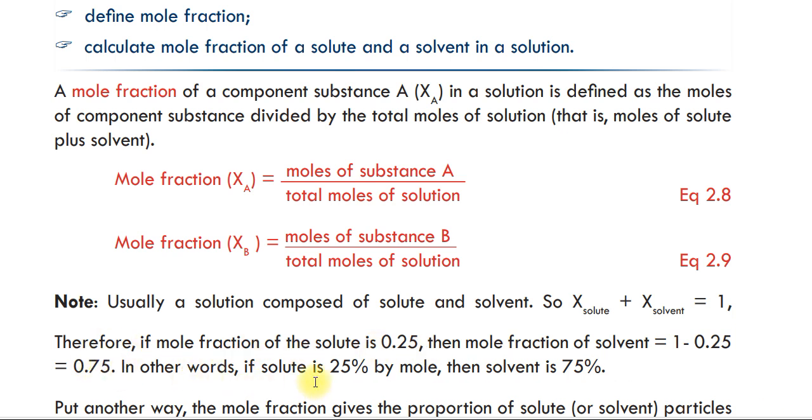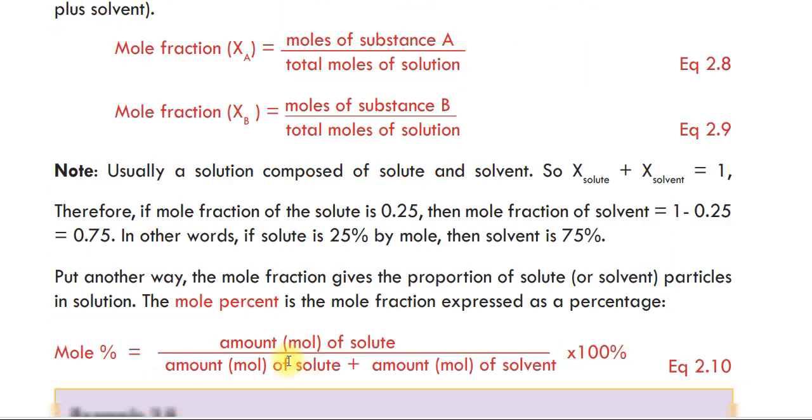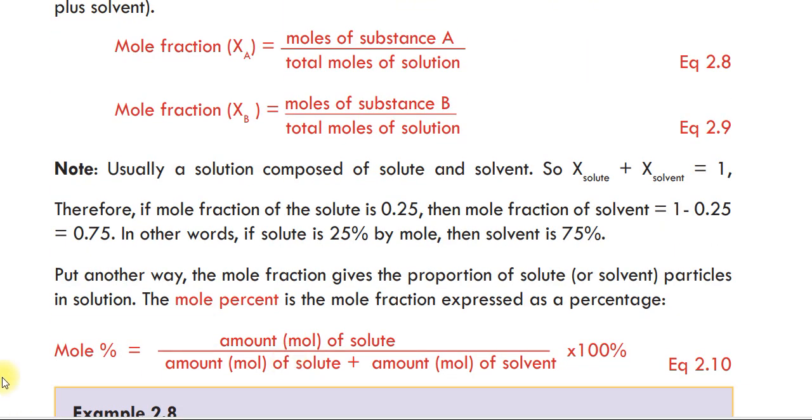In other words if the solute is 25% by mole then the solvent is 75%. ስለዚህ the sum of the solute and the solvent becomes 100%. Okay? Put another way, the mole fraction gives the proportion of the solute or the solvent particles in a solution. The mole percent is the mole fraction expressed as a percentage.